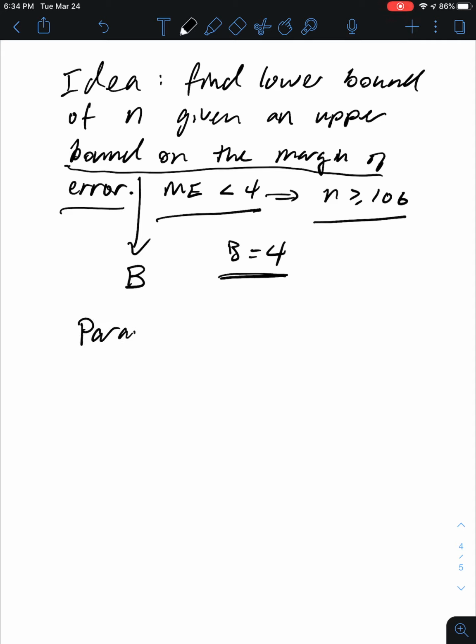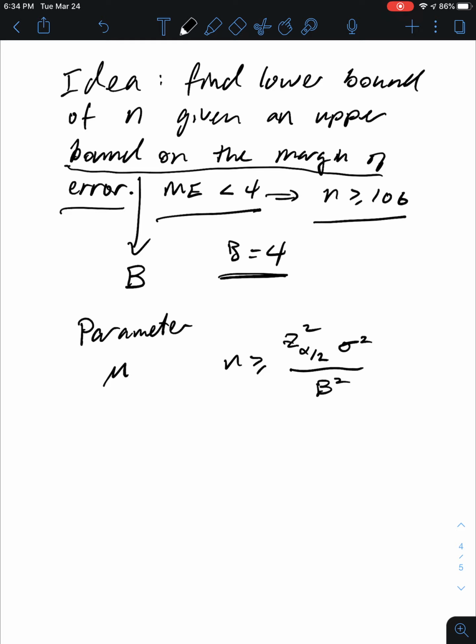If our parameter is mu, if that's what we're trying to estimate with inferential statistics, then the sample size formula is n is greater than or equal to z sub alpha over 2 squared times sigma squared over b squared.